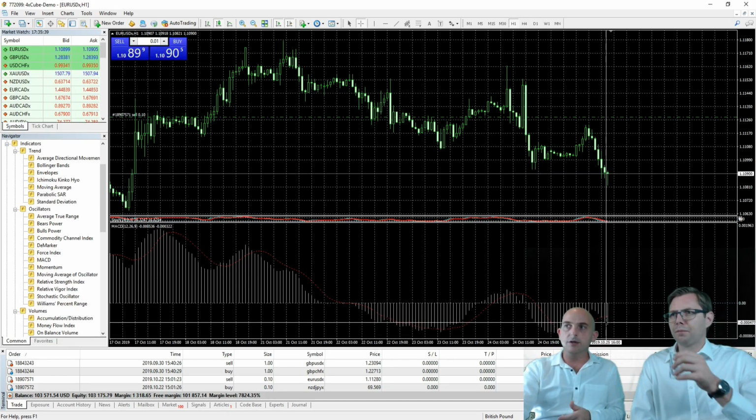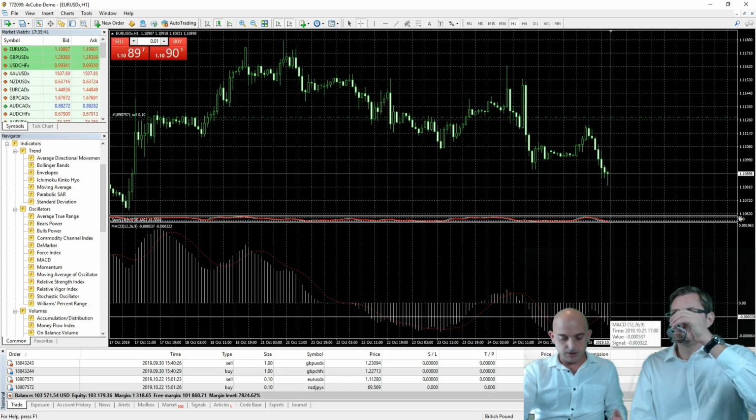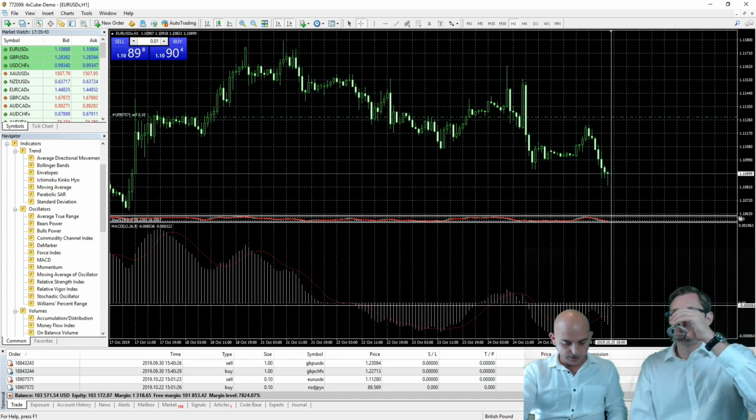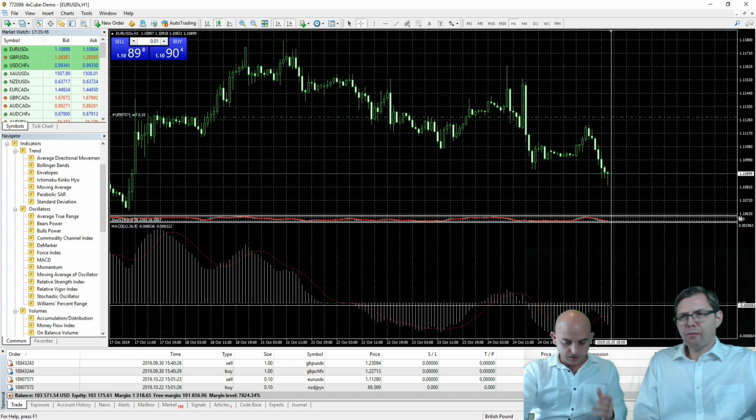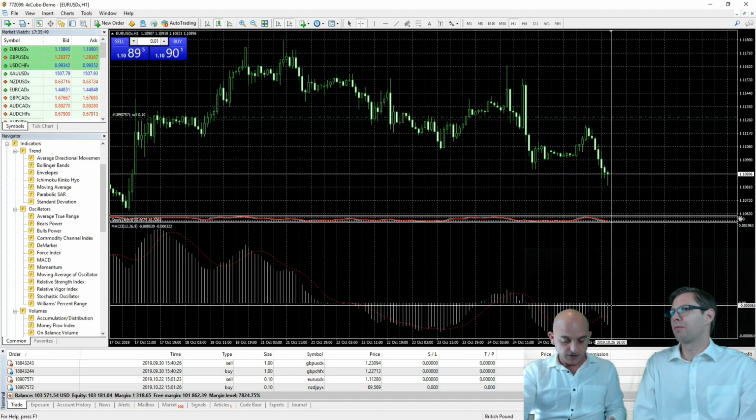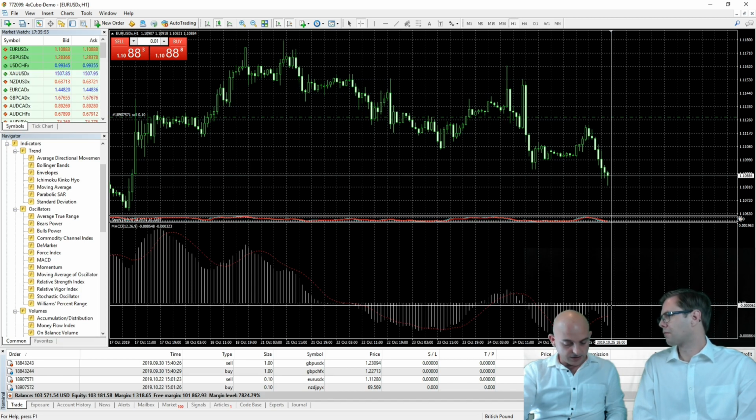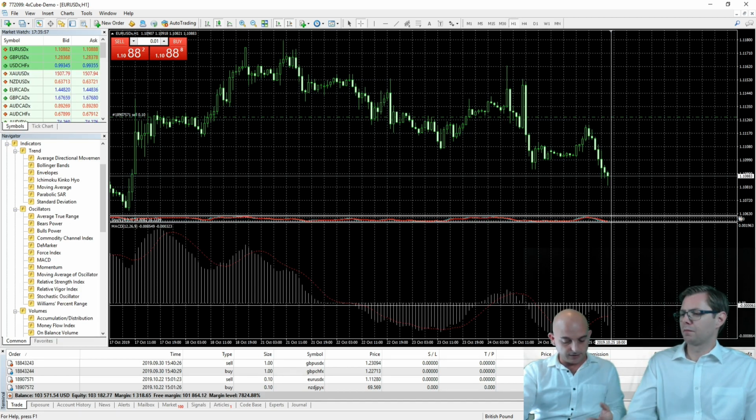So that's essentially how moving averages work. You've got a 26 period EMA, or exponential moving average, subtracting a 12 period EMA, and the result of that calculation is the MACD line.